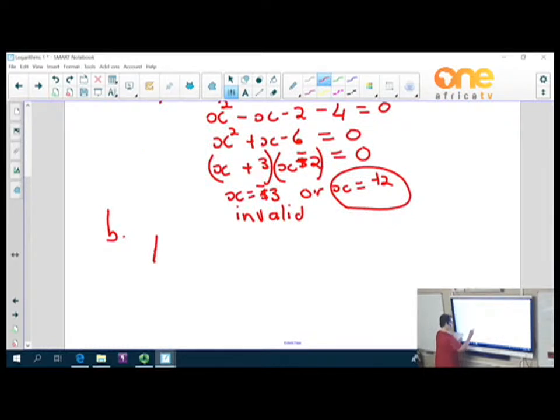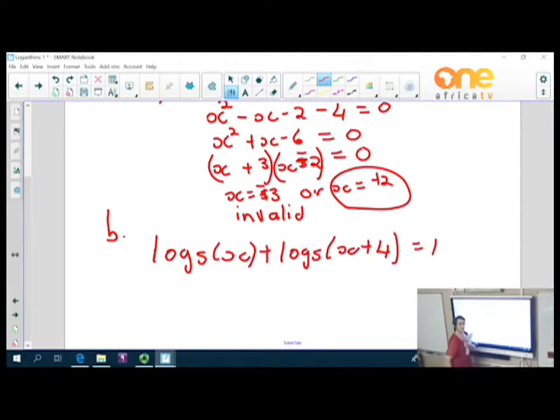The next one, log base 5 of x plus log base 5 of x plus 4 equal to 1. Can I use my log laws? This is base 5, and the question is 5 to the power of what will give you 1, or 5 to the power of 1 is 5, so it's log base 5 of 5.